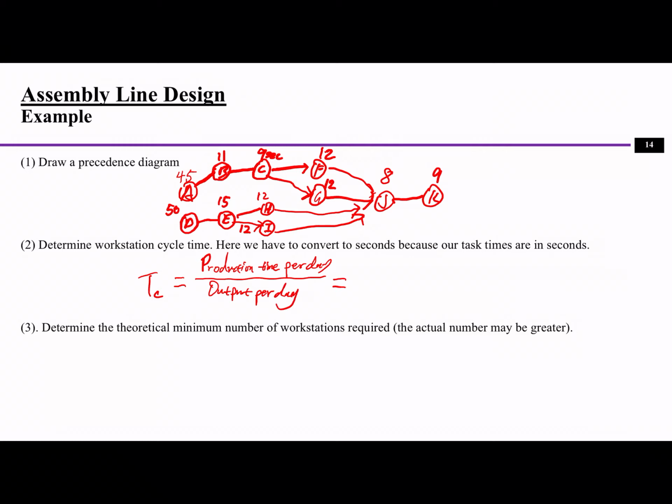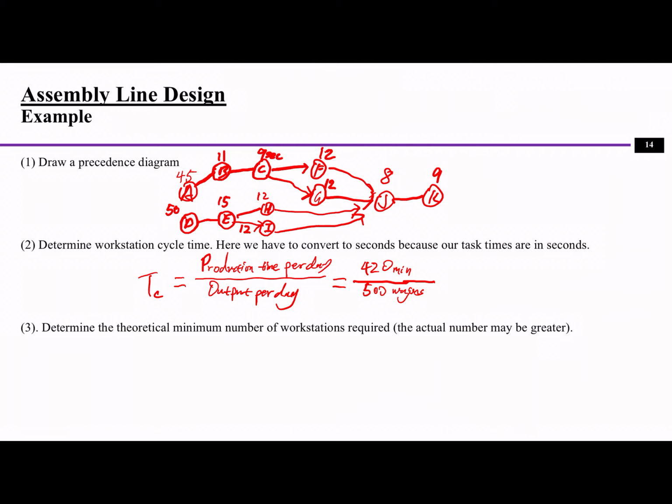So what is production time per day? It's 420 minutes, divided by the number of outputs, which is 500 wagons. Then what we get is how much time is required for producing each wagon, which gives minutes per wagon.